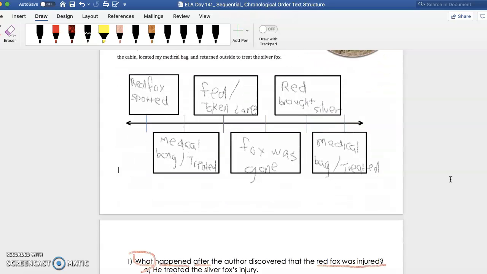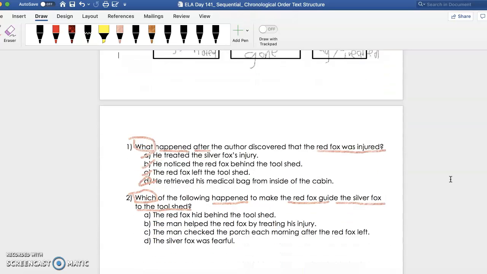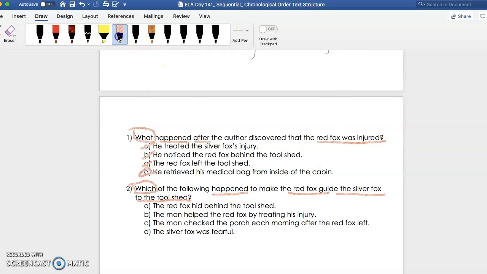So it seems like the silver fox is hurt. So in order for the red fox to take the silver fox to the tool shed, the red fox had to remember what happened to him, right? So the red fox was injured and he knew that he got his injury treated when he went to the cabin, right? Or to the tool shed.